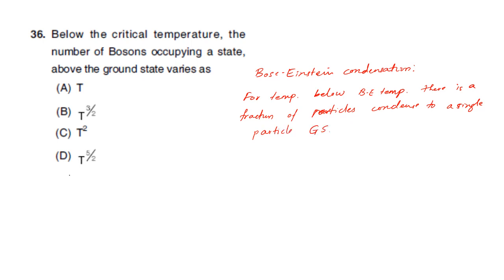So that process is known as Bose-Einstein condensation. That is, for temperature below critical temperature, the fraction of particles condenses to the single particle ground state.